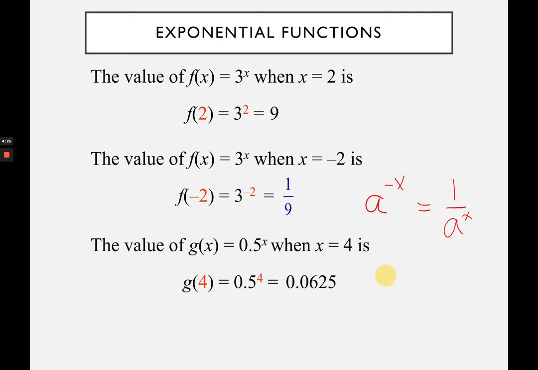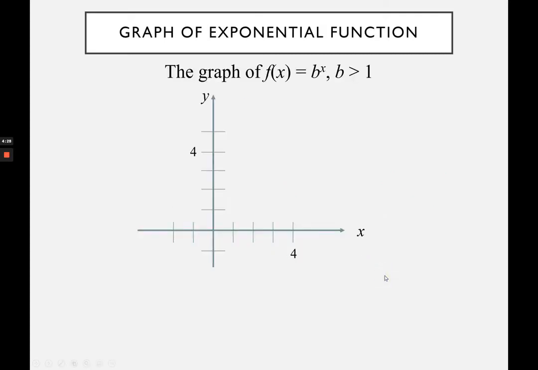Okay, now let's have the graphing. How do you graph? If given the function, there's no a, there's no multiplier, and b is greater than 1, this is the expected graph.